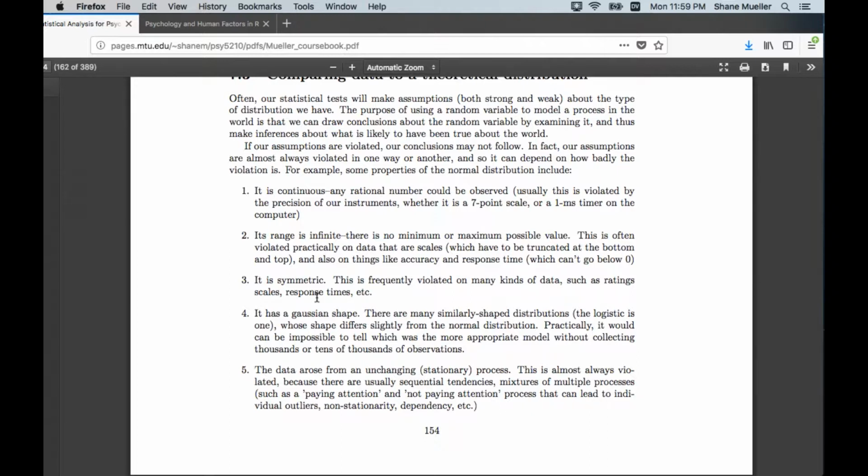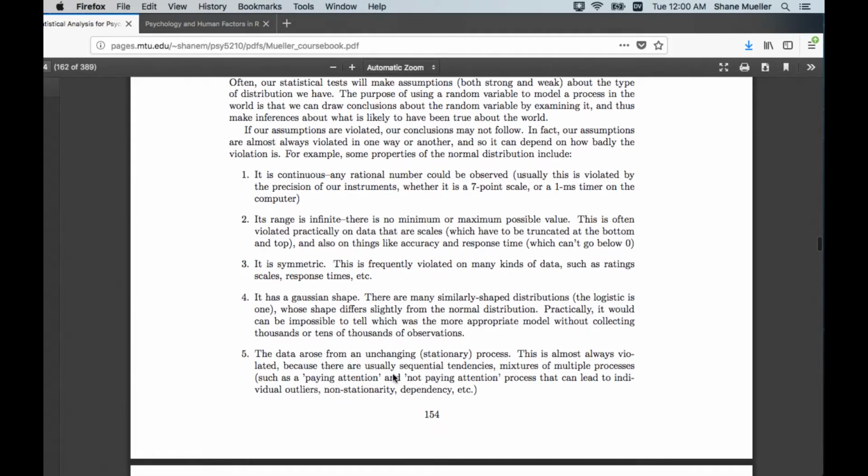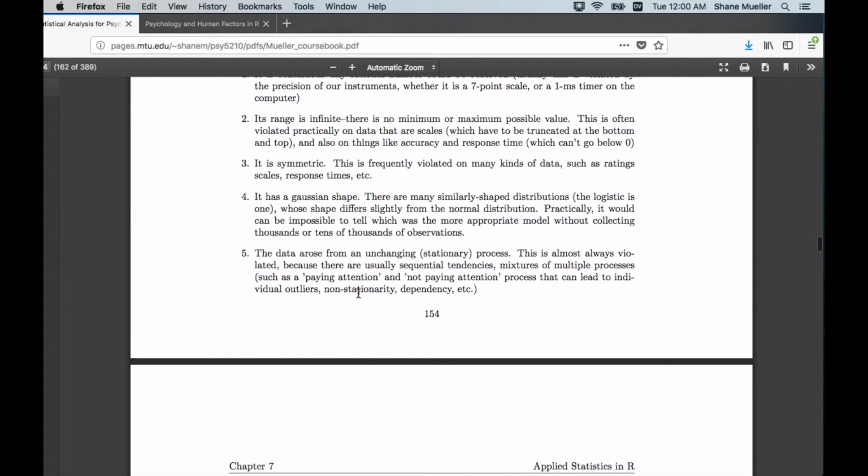Also, this is a big one: we assume that the data that we're observing came from an unchanging process. It's called stationarity. That all the data that you're modeling were independent draws from this distribution. That's hardly ever the case, but we often make that assumption because we wouldn't be able to make any progress if we didn't.